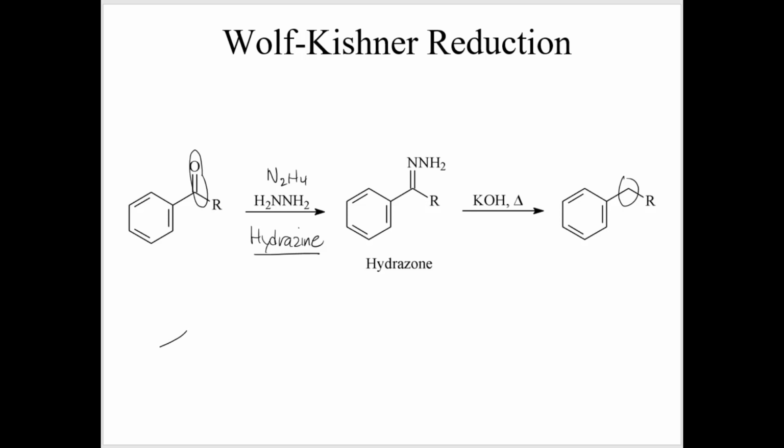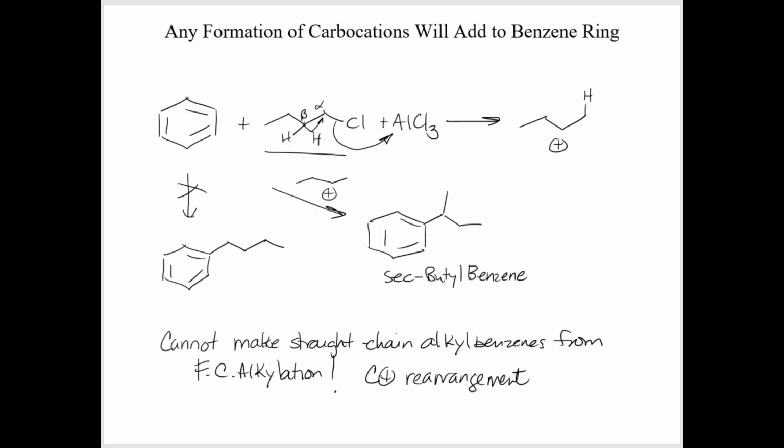So let's look at a quick example. Let's say that I wanted to make that 1, 2, 3, 4. I wanted to make the butyl benzene that I tried to make earlier, right? I tried to make butyl benzene before, but with Friedel-Crafts alkylation, I got a rearranged product.